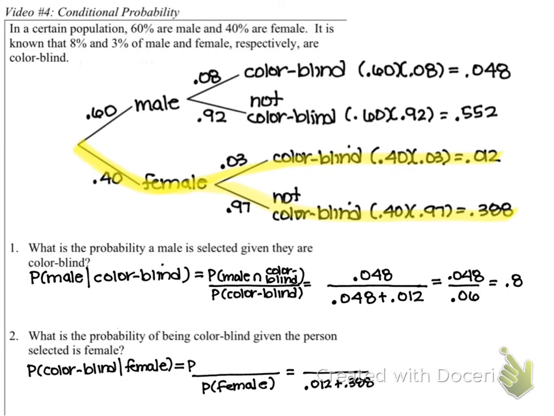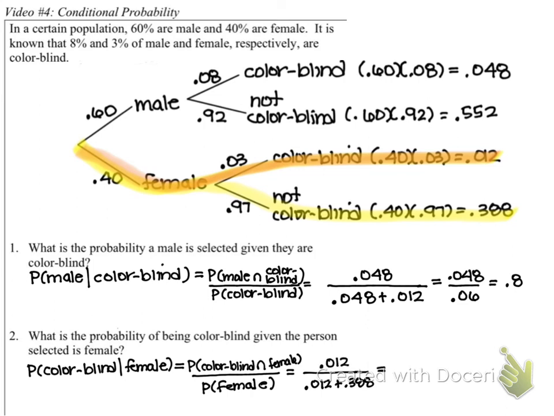So this is the probability of colorblind intersected with female. We find the branch of those two, not looking at the rest of them anymore, that is the intersection of the two. So I want to find female and colorblind. Well, that's going to be 0.012. That's what goes on the top.